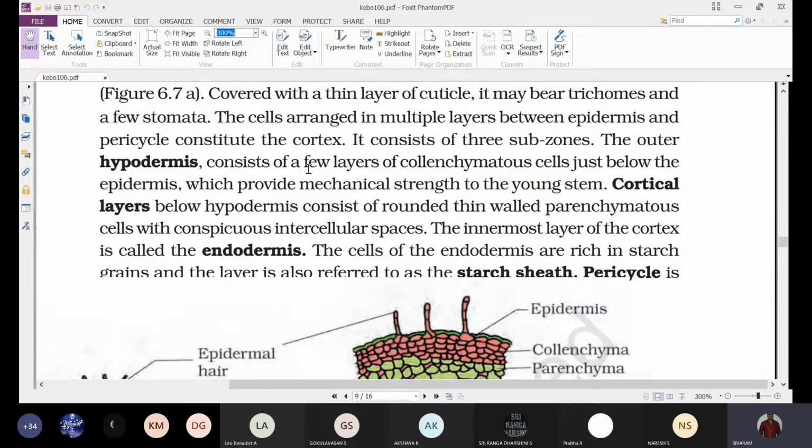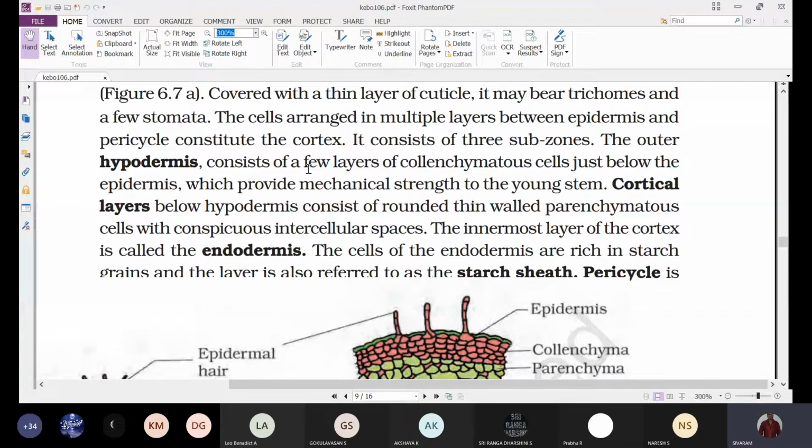Next, the cortical layers below the hypodermis consist of round, thin-walled parenchymatous cells with a conspicuous intercellular space, that is, large intercellular spaces. Conspicuous means clearly visible. They form the cortical layers, or cortex.